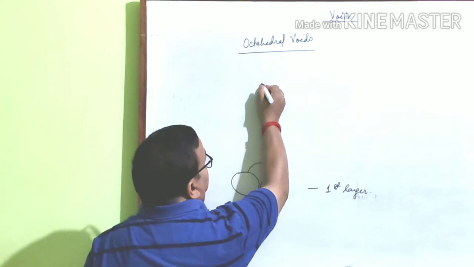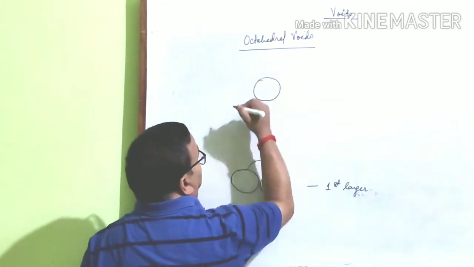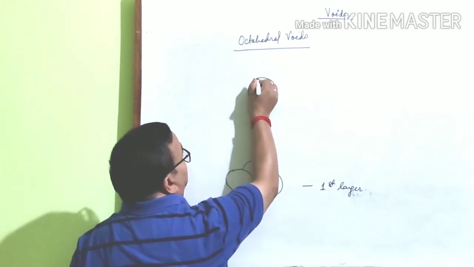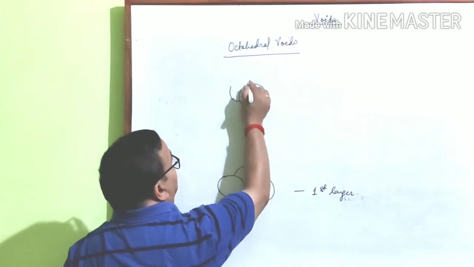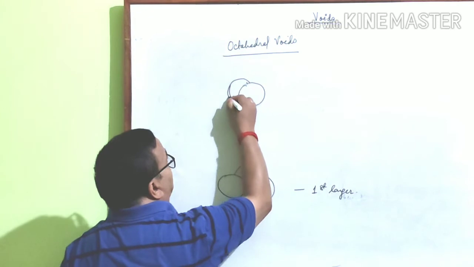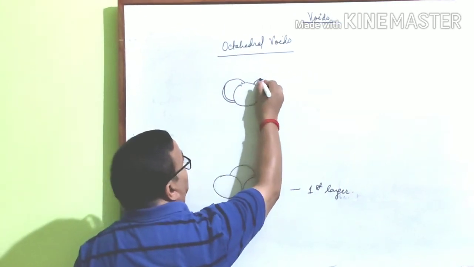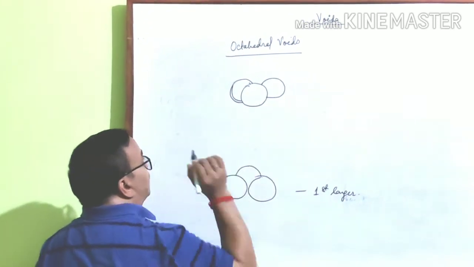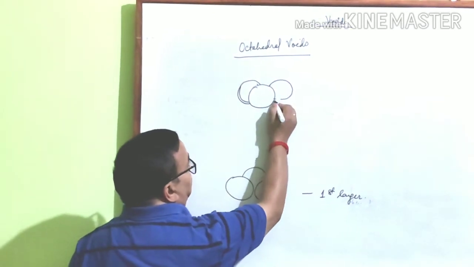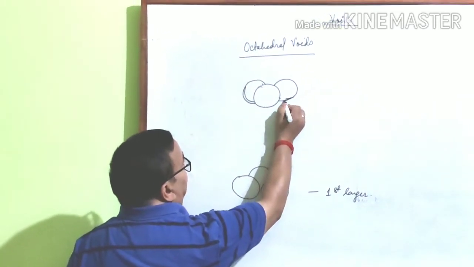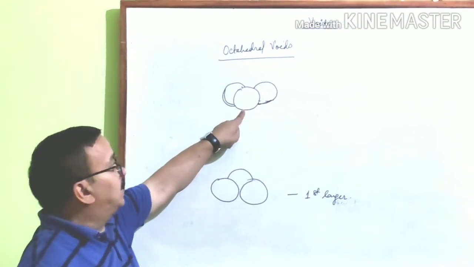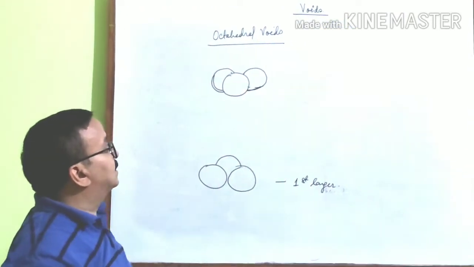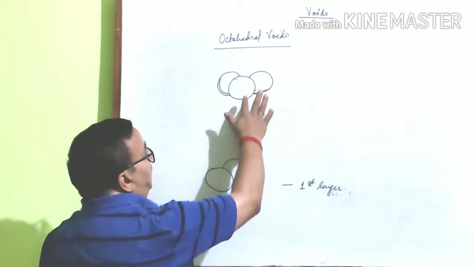Now this is the second layer. In the second layer, this sphere is in front and these 2 spheres are in the back.